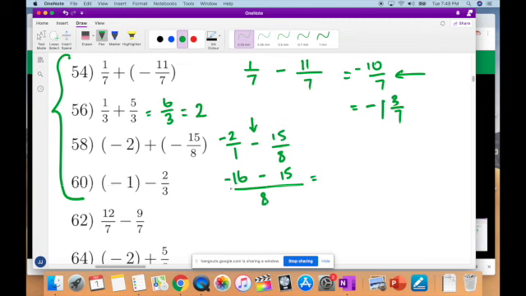Negative 16 minus 15 is negative 31 all over 8. Am I correct there? Am I not correct? Remember, when they have the same signs, you add them and you keep the sign.